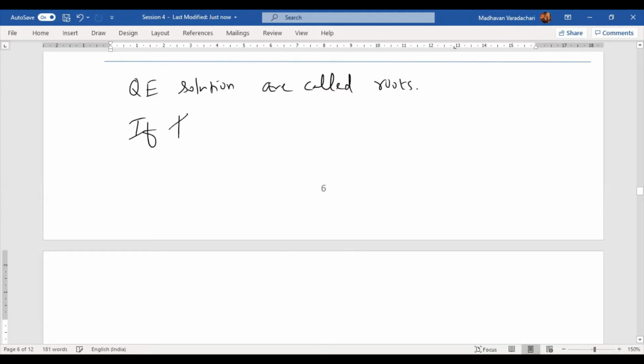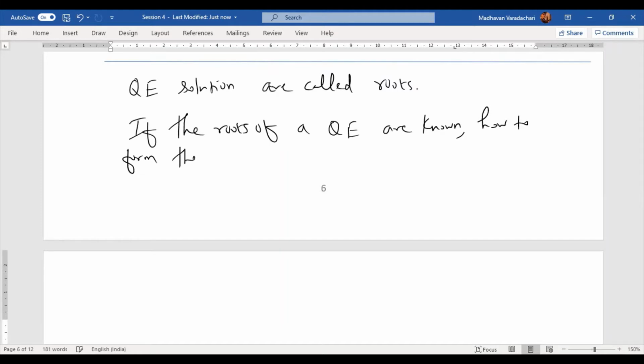If the roots of a quadratic equation are known, how to form the quadratic equation? We will see about this.